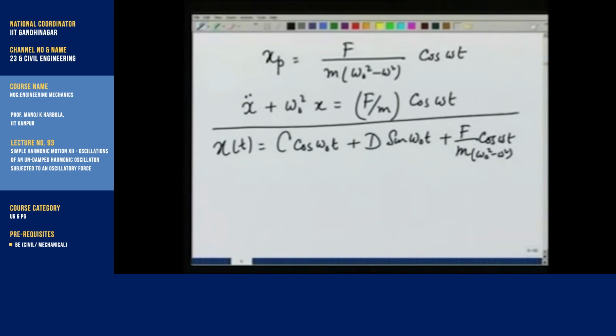I have given you the full solution of a free oscillator subjected to an oscillating force. Coefficients c and d obviously depend on the initial conditions.